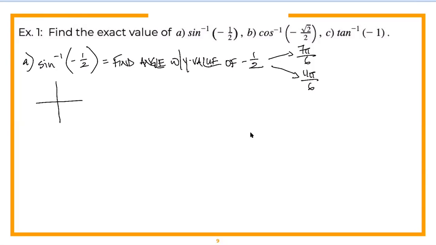So visually, what that means is I can only pick an answer from the right half of my unit circle, okay? That eliminates 7 pi over 6 as an answer because it is not on the right half of the unit circle.